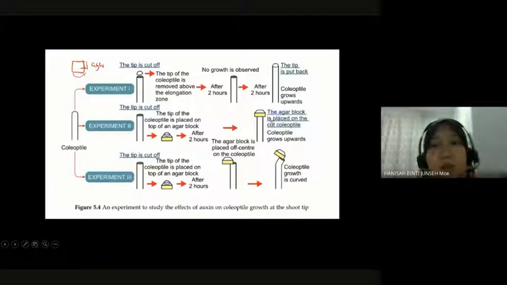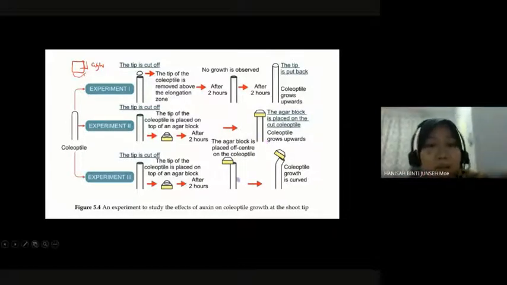After 2 hours, the agar block is placed on the cut coleoptile. The coleoptile grows upward. Okay. After 2 hours, they put the agar, not the tip, and then the coleoptile grows upward.